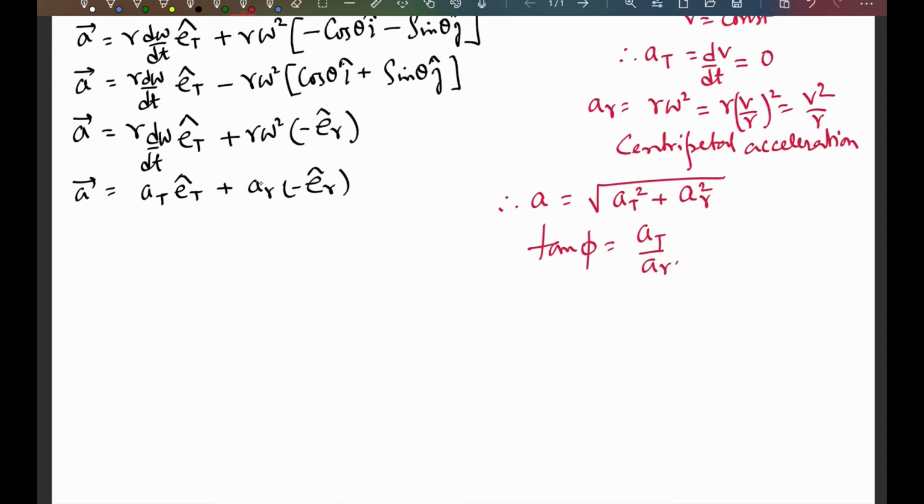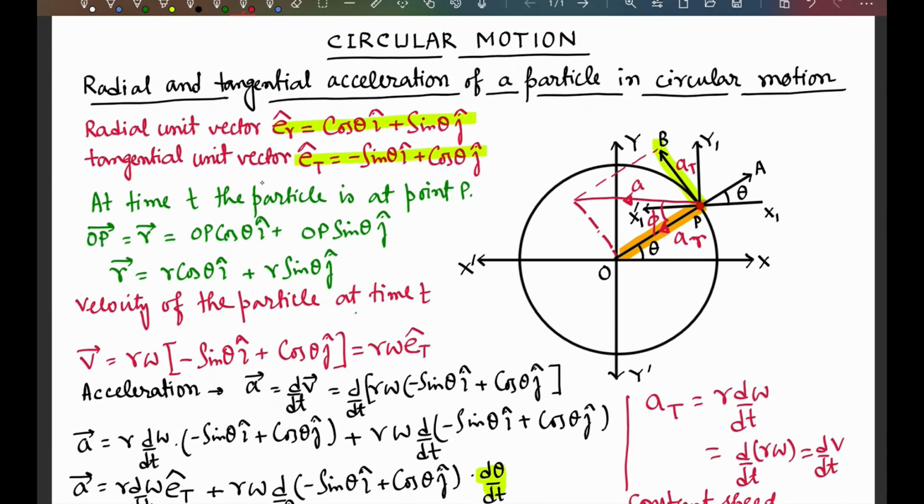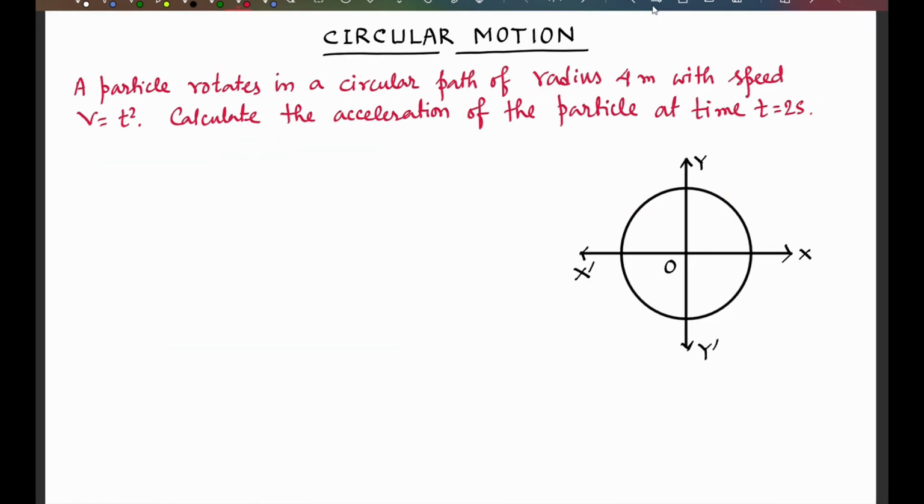So whenever a particle moves in a circular path with non-uniform speed, there are two components of acceleration: one along the tangent, another along the radius. Here I give you an example of how to solve numericals of circular motion.